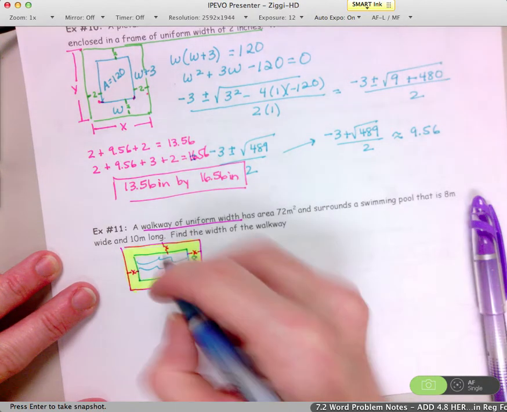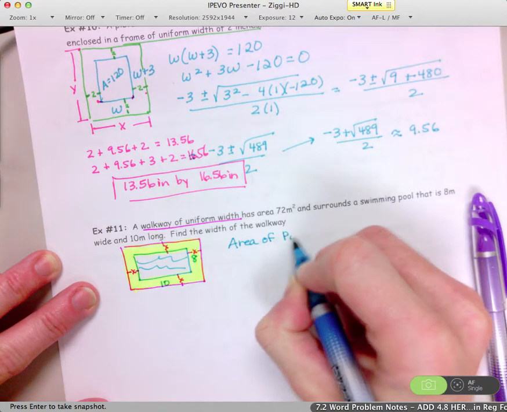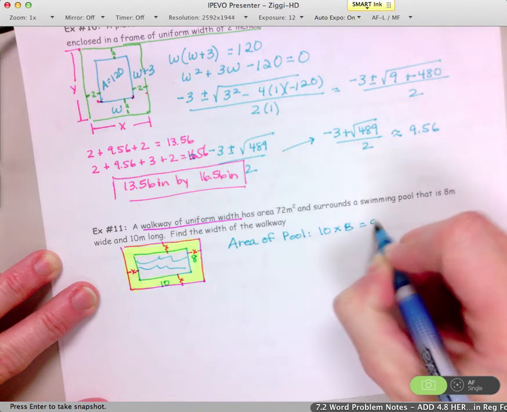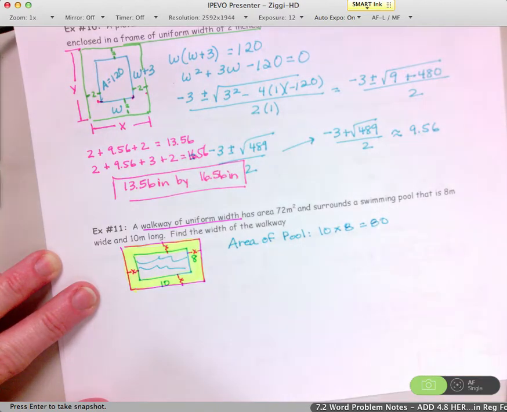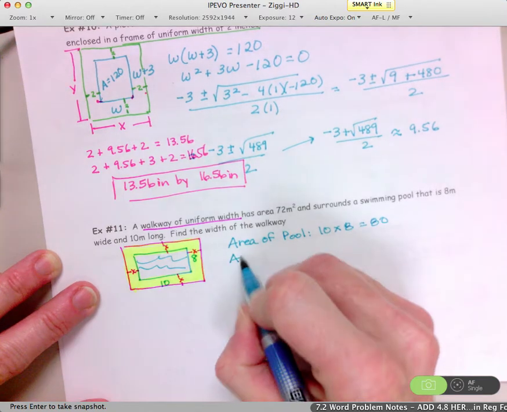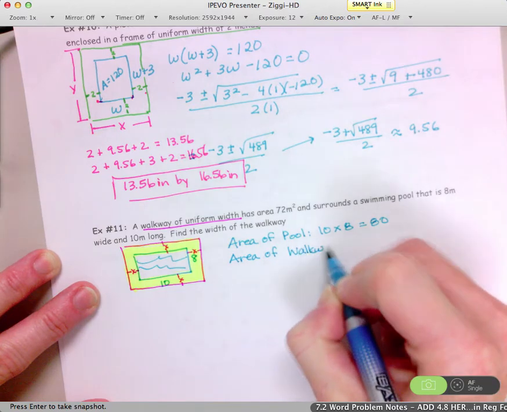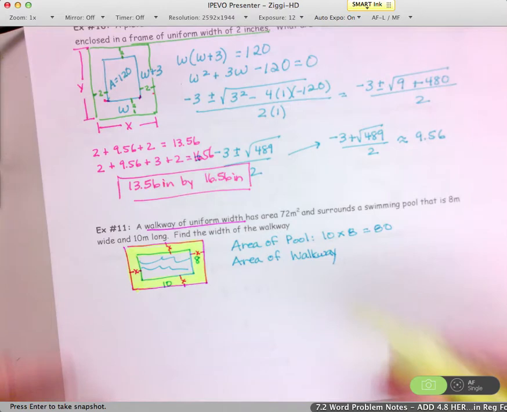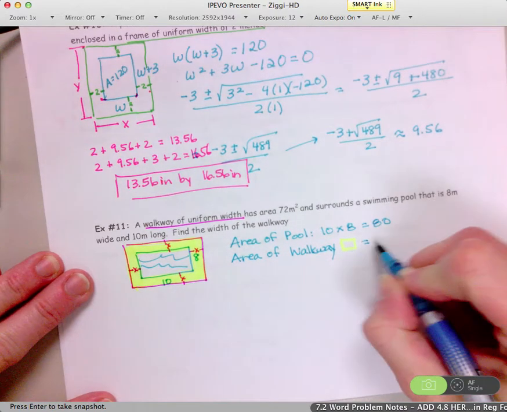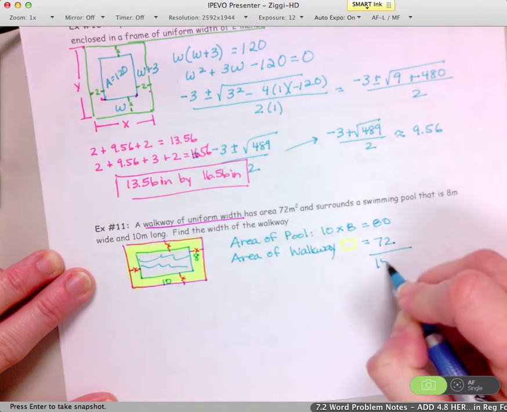We know that the area of the pool is 10 times 8, so it's 80. And we know that the area of the walkway, which is what is in the box, is 72. So the whole area is 152.